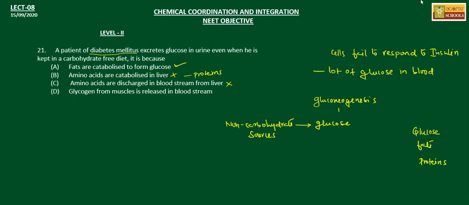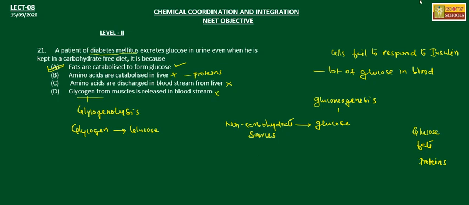This is a process called glycogenolysis, where glycogen is converted to glucose. This happens when there is less glucose in the blood. So the first option, fats are catabolized to form glucose, will be the right option.